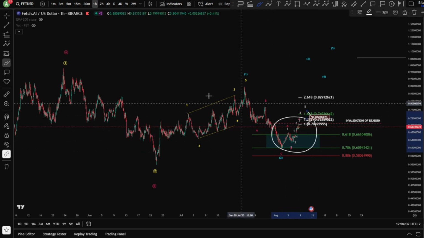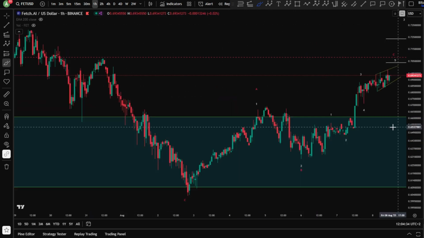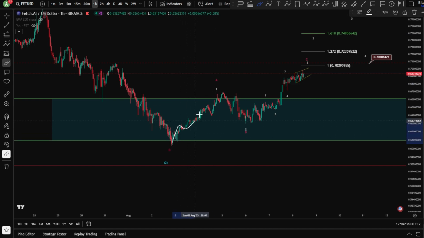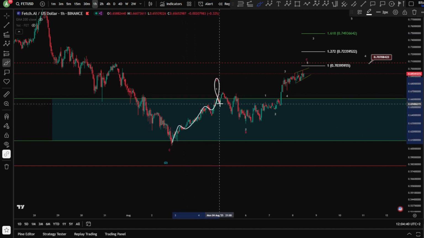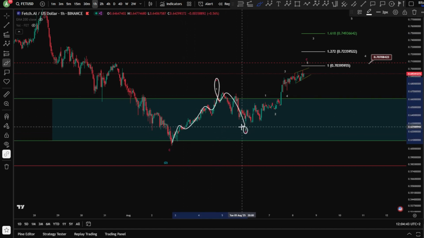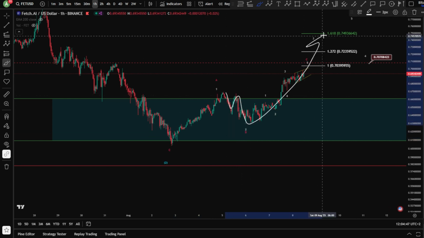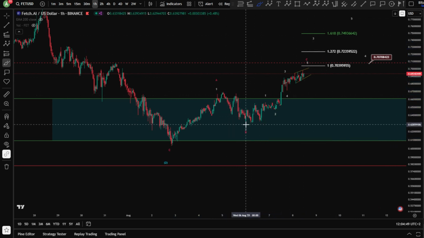In the micro level here on the 1 hour chart, we can see as well a potential bullish scenario unfolding, 1, 2, 3, 4, 5 for a wave 1 and a wave A also, or a wave 2 given in a wave B as well, which can be a continuation for higher prices here. Now, basically, this is not really nice to see as a diagonal.